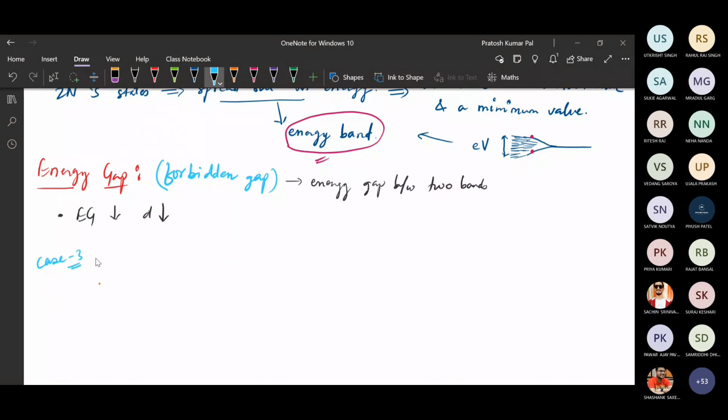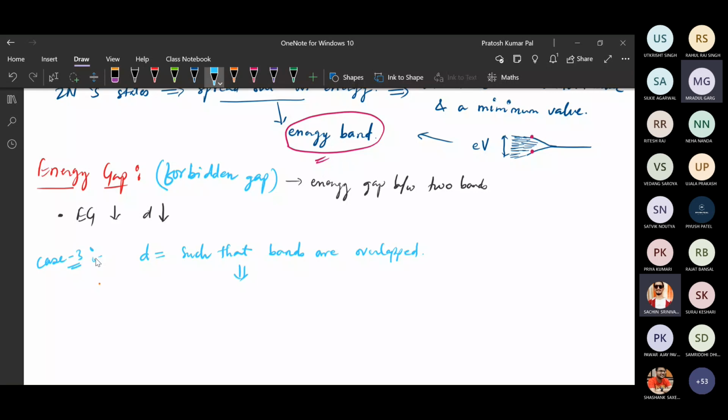Now we are going to reduce the interatomic distance further, such that the bands overlap. What will the crystal property be if d is made small enough that the bands are overlapped?